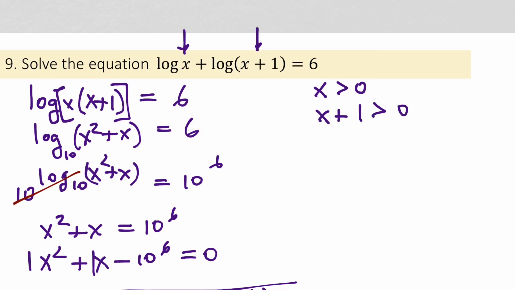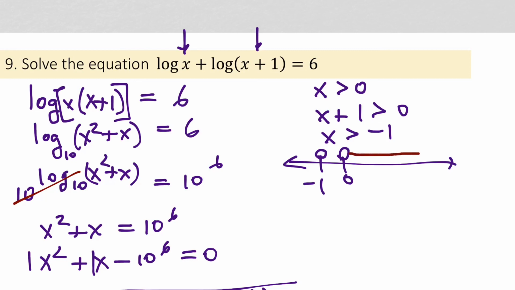All right, so that means x is greater than negative 1. So 0, negative 1. So x has to meet both of those conditions, greater than negative 1 and also greater than 0. So everything over to the right of 0 is within the domain. So that just tells you x has to be a positive number.